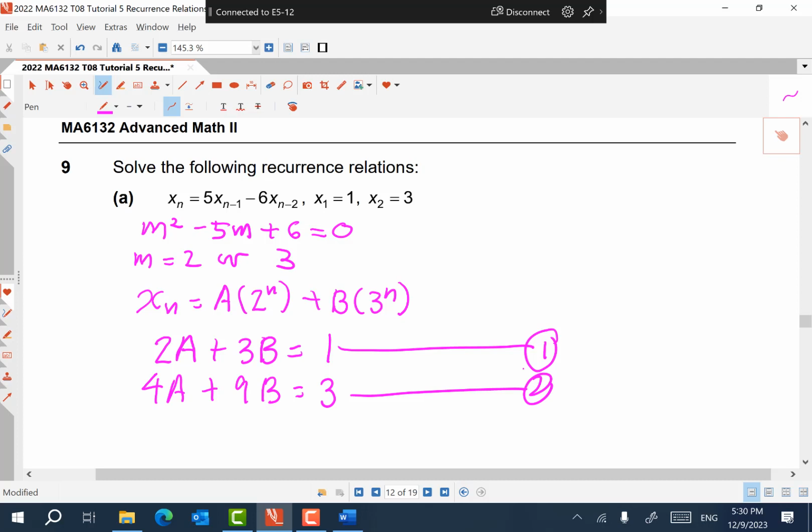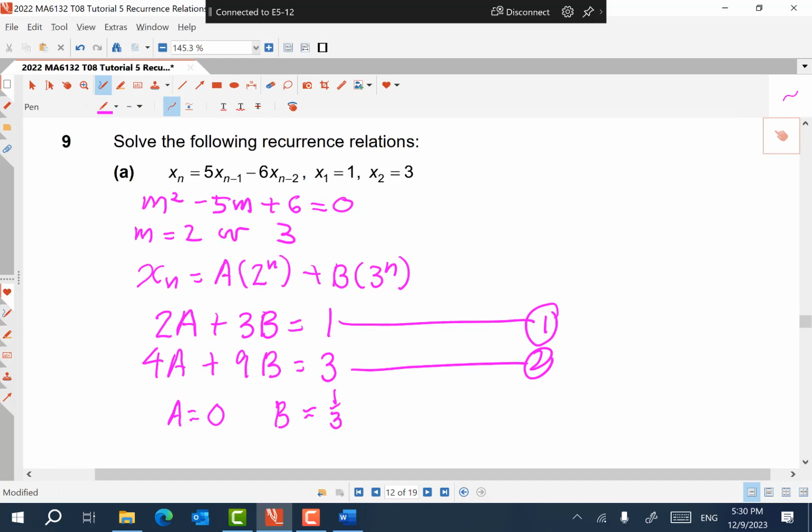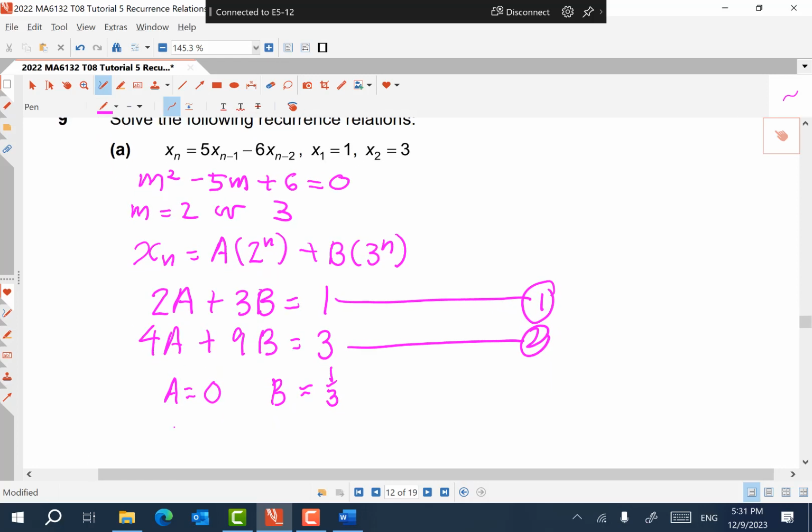Okay, times 3, right? So a equals 0, and b equals 1/3. So for this question, according to my calculation, your xn is equal to 1/3 times 3 to the power of n, you know.